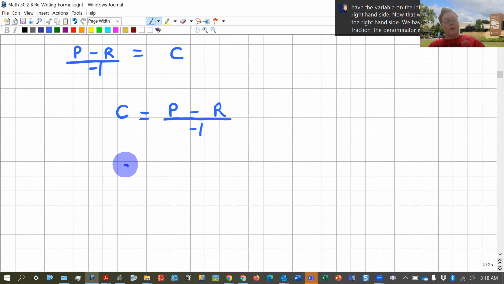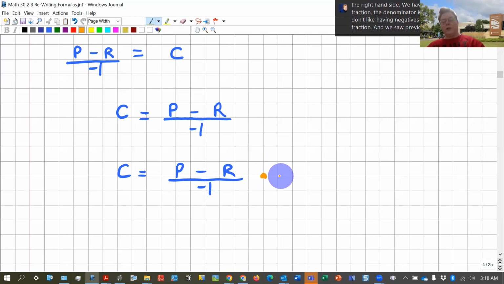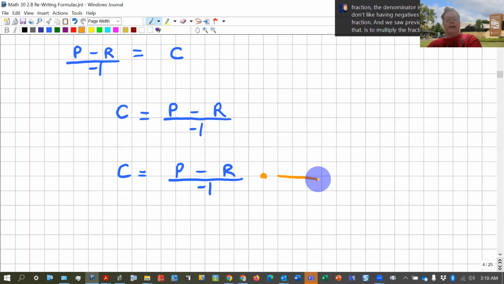Most of the time, we don't like having negatives in the denominator of a fraction. And we saw previously that one way to deal with that is to multiply the fraction by a name for the number 1, but written as -1 over itself.